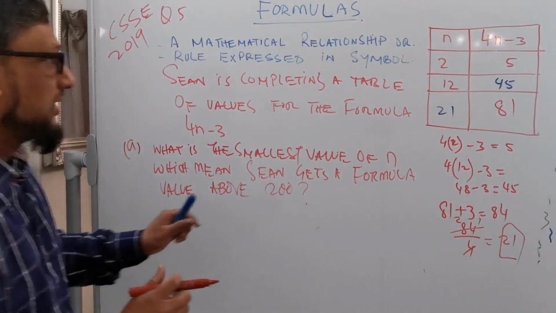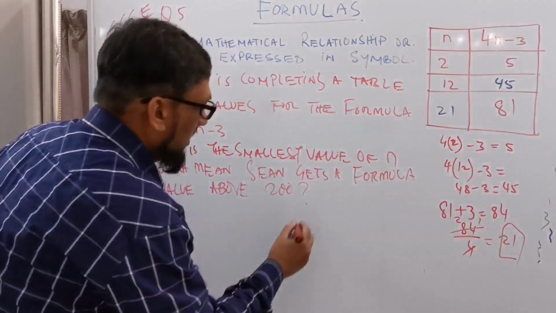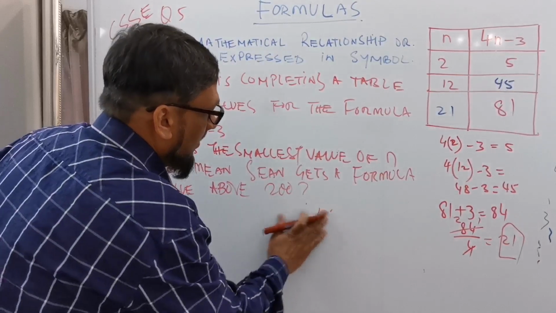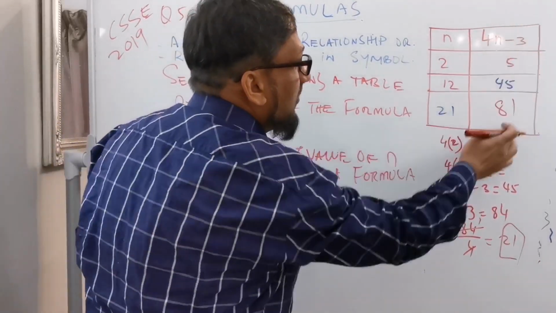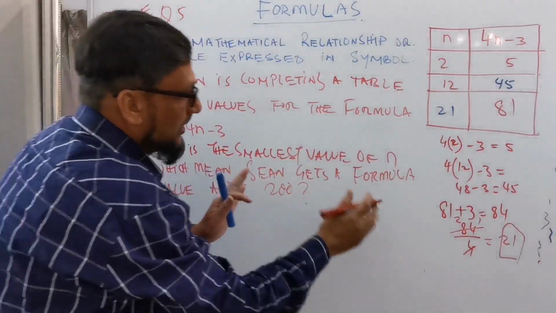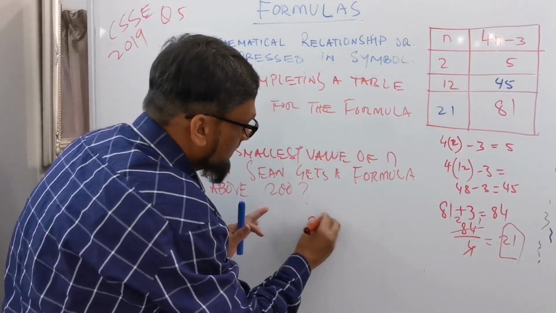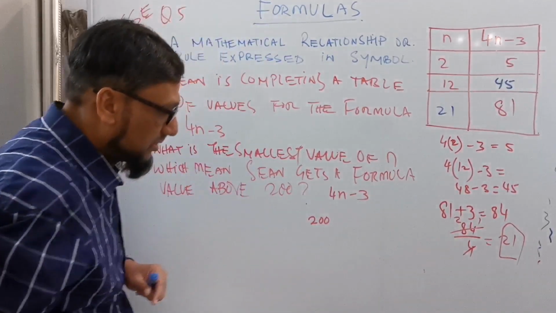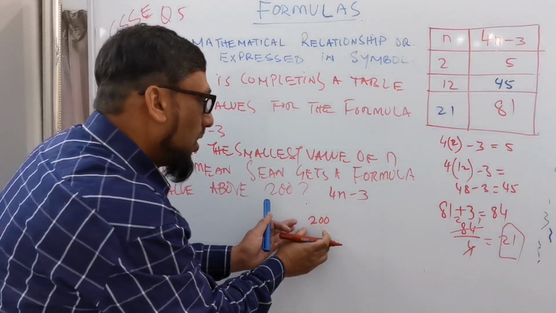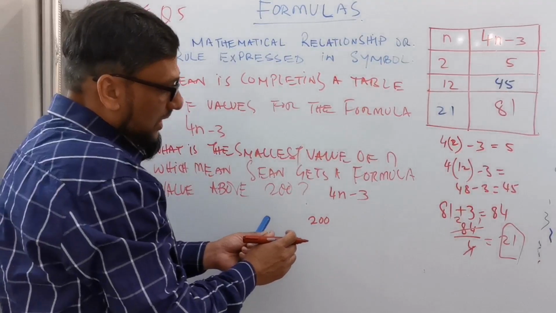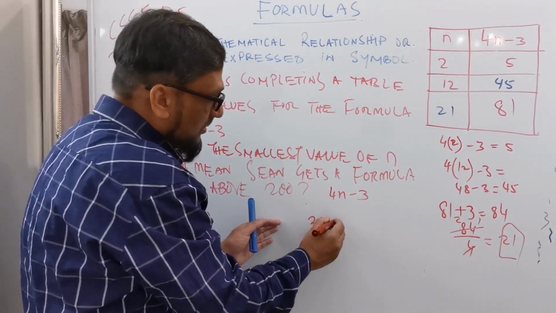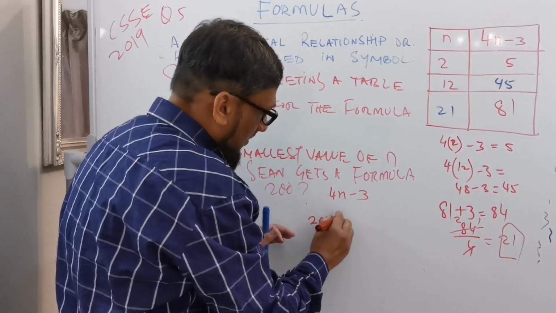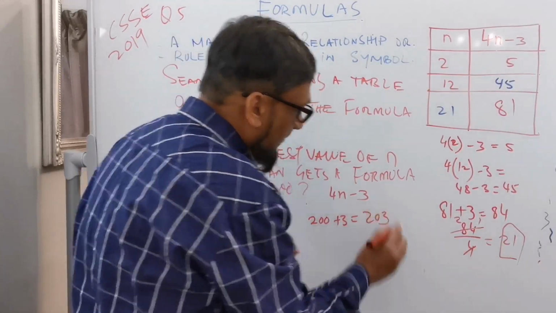So what we're doing is, the formula is 4n minus 3, and they're giving you the value 200. With reverse calculation, 200 plus 3 is 203.